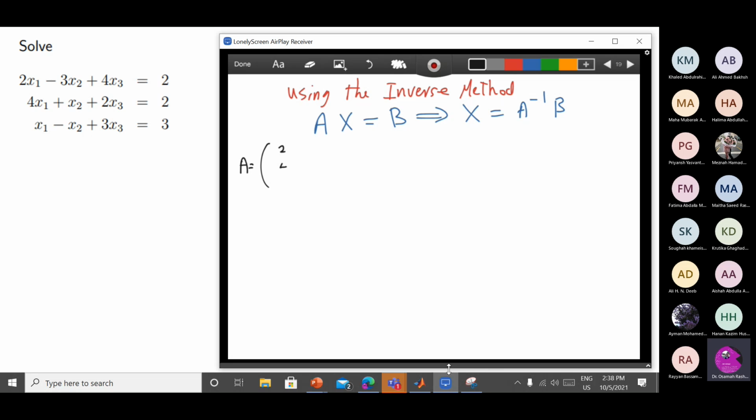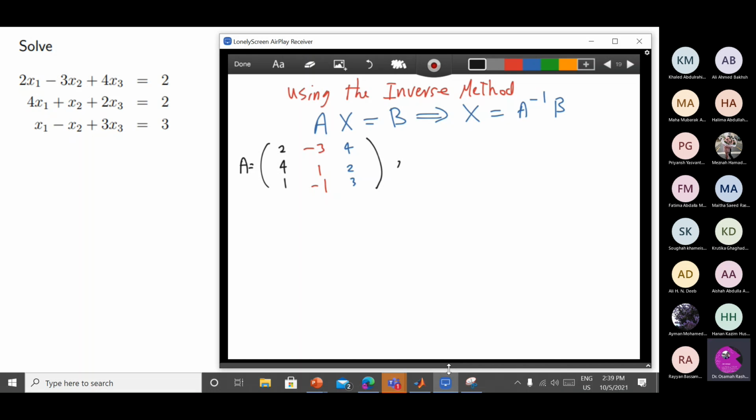So 2, 4, and 1. In the second one, you write the coefficients of the second unknown x2. So you have minus 3, 1, minus 1. And in the last one, you write the coefficients of the third unknown x3. You have 4, 2, and 3. This is A.